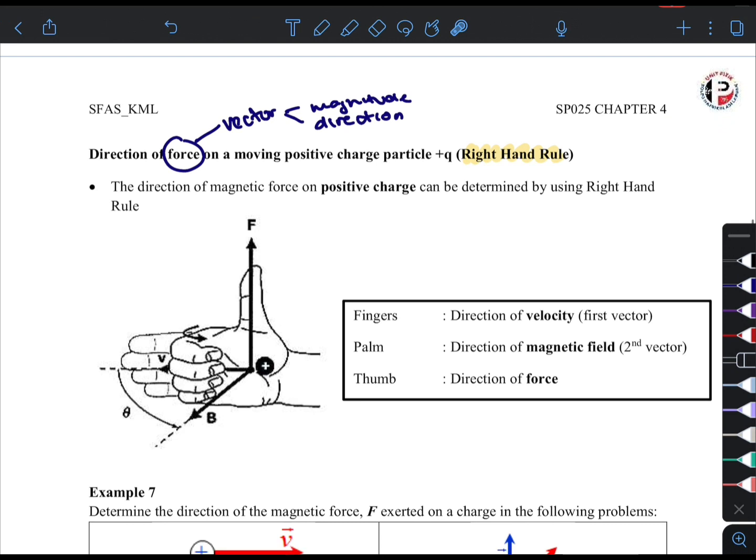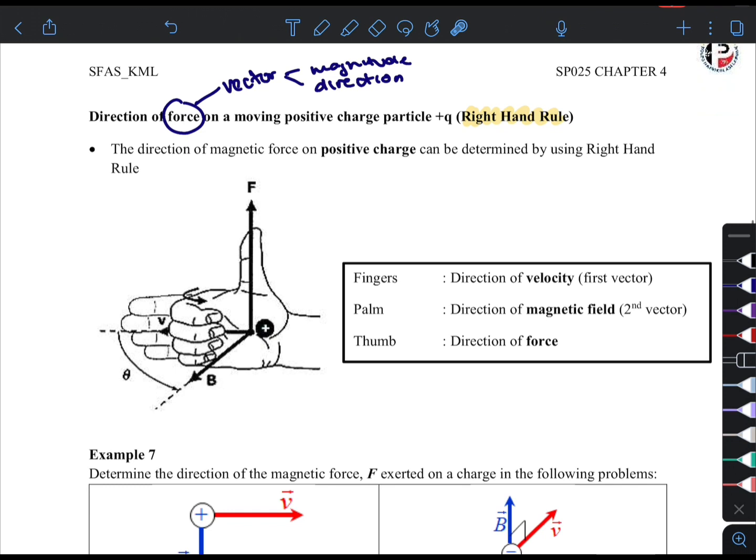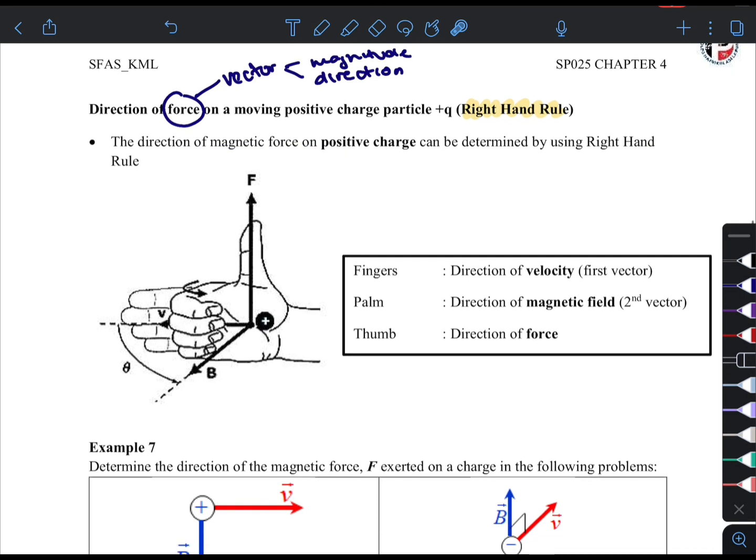So now we are going to learn how to deduce the direction of force on a moving positive charged particle. Okay, remember, positive charged particle. The direction of magnetic force on a positive charge can be determined using the right hand rule, where this whole hand of yours is going to play an important part.